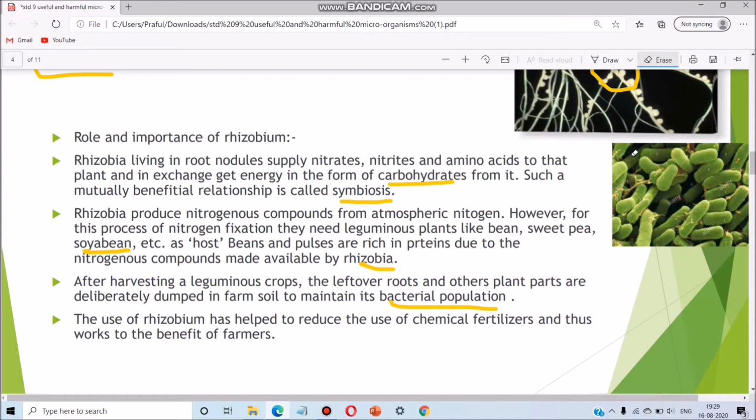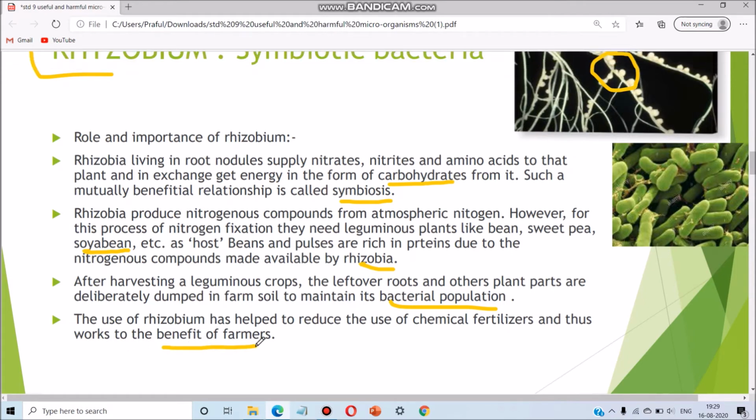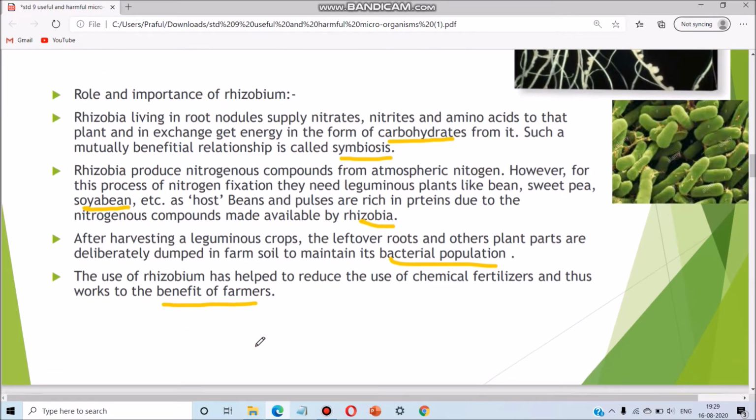The use of rhizobium has helped to reduce the use of chemical fertilizer and thus works to the benefit of farmers, because using chemical fertilizer sometimes destroys the fertility of soil. So this type of bacteria is used to maintain the fertility of soil for a long time.